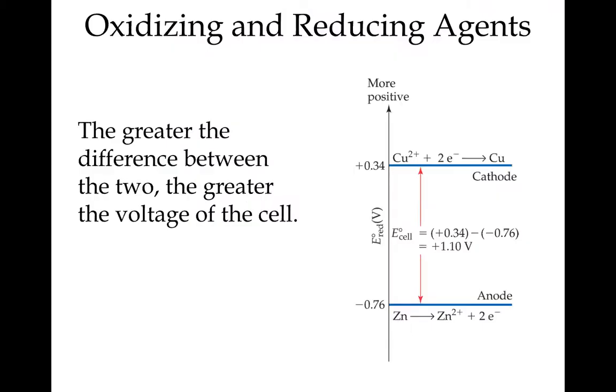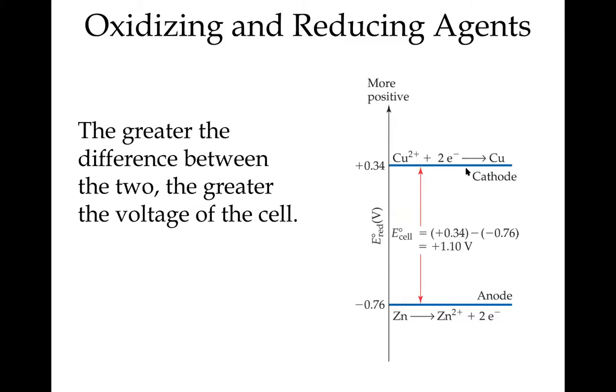Now, just like with potential energy, the higher something is, the greater the potential energy is going to be. The greater the difference between two reduction potential values, the greater the voltage of the overall cell, okay?